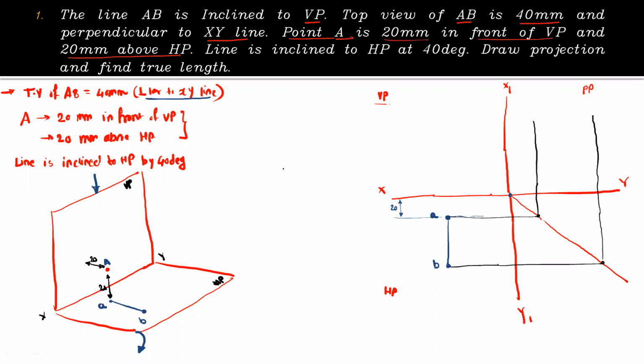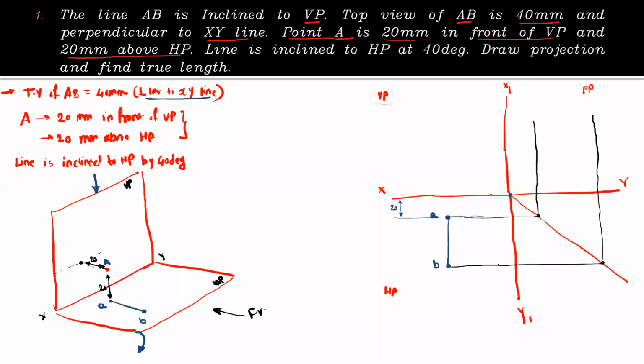Now refer the front view. From the front direction, position of point A is 20 mm above the HP. So if you project this point on the vertical plane, then you will get the point A locus. So here the horizontal line represents the locus of point A at 20 mm distance.